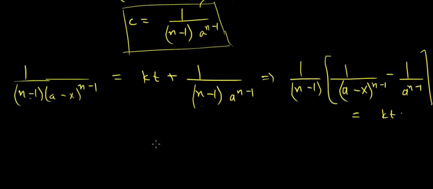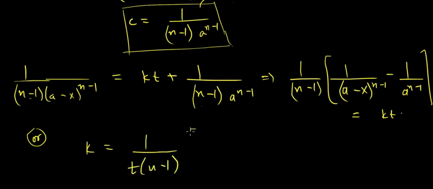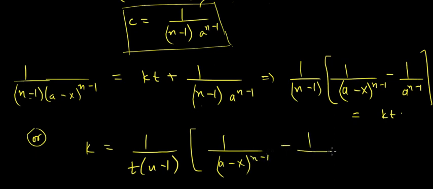So finally we can write the rate constant for the nth order reaction as 1 upon t into (n minus 1) multiplied with [1 upon (a minus x) to the power n minus 1 minus 1 upon a to the power n minus 1], where n cannot be equal to 1.